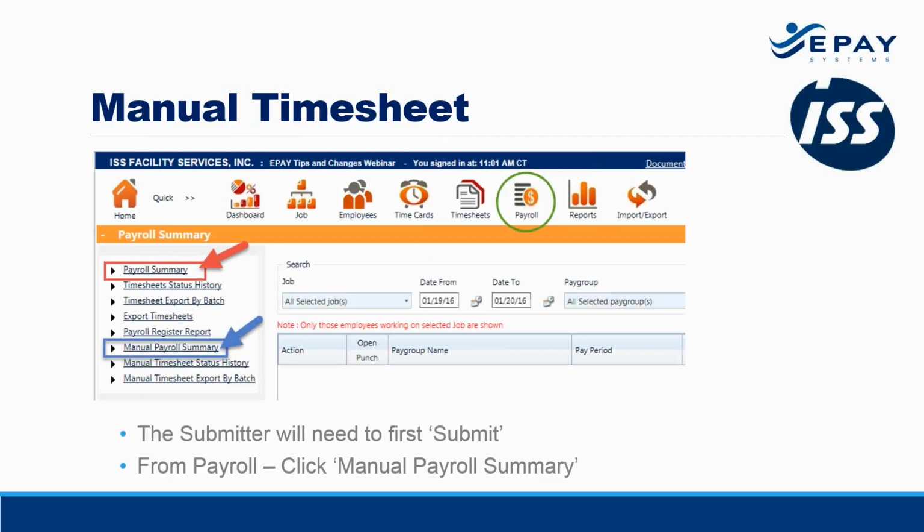And then obviously, just kind of a recap, the payroll summary screens I talked about earlier, that's showing at the very top of the screen. That's by clicking on the payroll icon. And when you go on that payroll icon, you'll see at the bottom of the list, you have that option for a manual payroll summary. So from that perspective, you still have the same utilities.